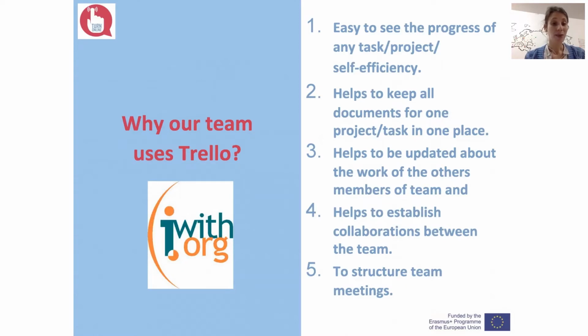And of course, it helps us to structure the team meetings. Why team meetings? You can develop your own system, but I will share with you how we do it in our team. Every 2 weeks we have a meeting where we check all the tasks that were done or not. In Trello we can change the position of the task that was done. We put it in the column Done, and we can see the progress of our common work. So actually we don't plan any meeting, because the meeting is already planned by Trello.